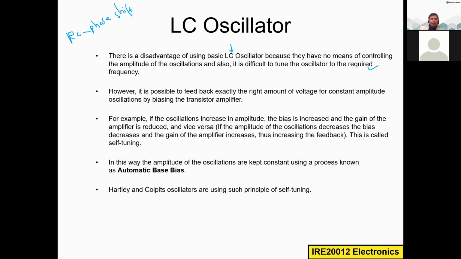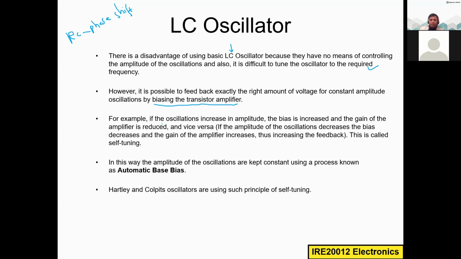So we cannot use the basic LC oscillator if you want to achieve flexible oscillations at the output. However, it's possible to feed back exactly the right amount of voltage for constant amplitude oscillations by biasing the transistor amplifiers. So we will see the circuit now, then you will understand what it means.